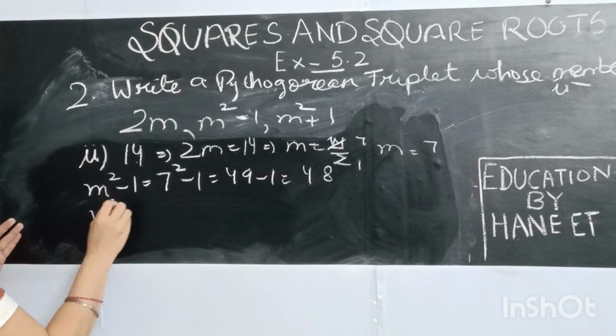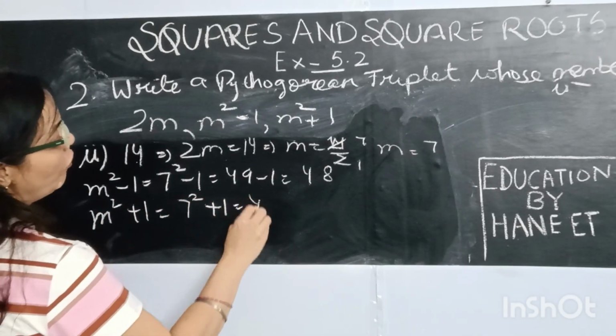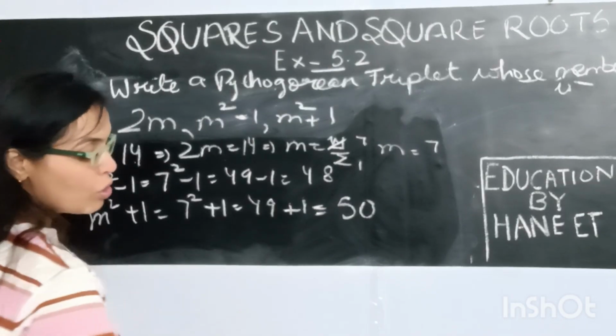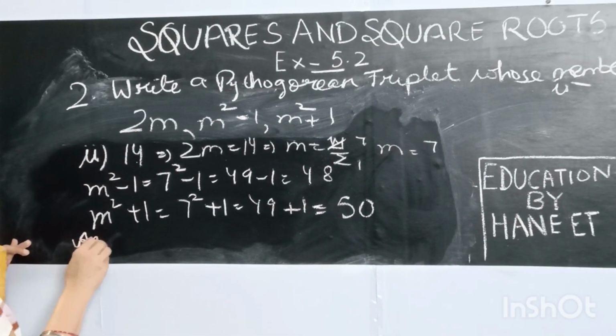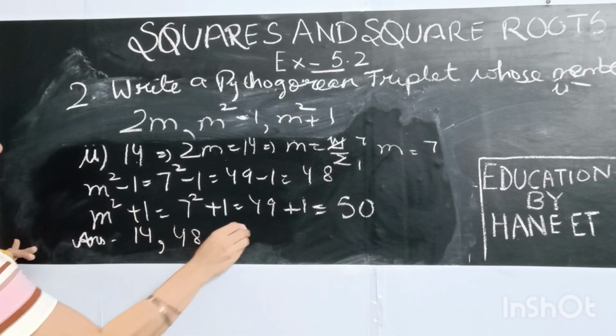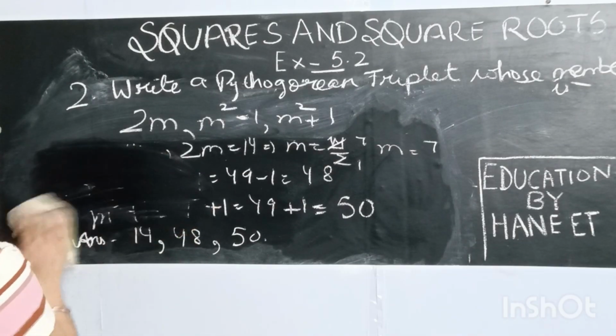Then the third, m square plus 1. 7 square plus 1 will be 49 plus 1, and this will be 50. So the answer will be 14, 48 and 50, right? The second part. Now the third part.